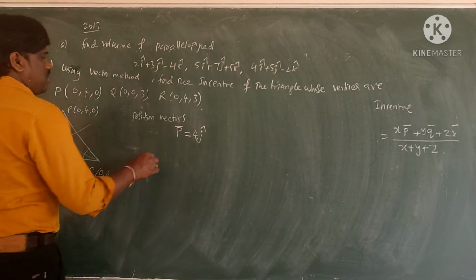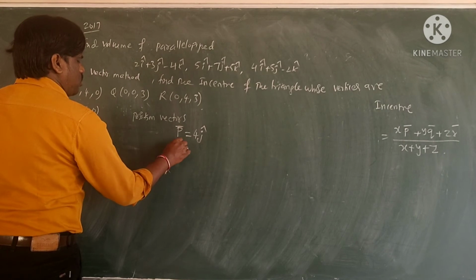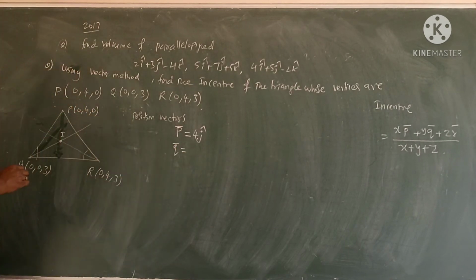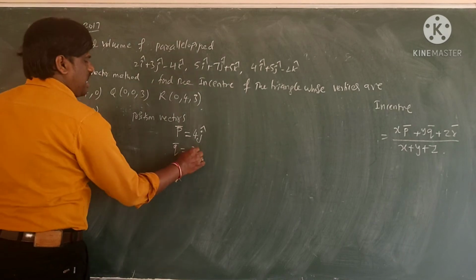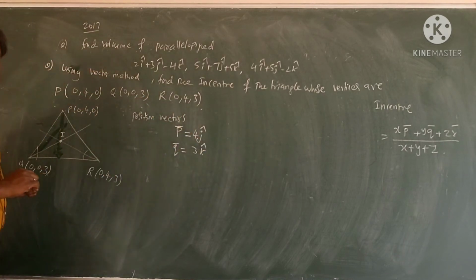And next, q position vector, small q. See here, you have to imagine from the origin you are joining this. So small p vector and small q vector will be 3k cap.